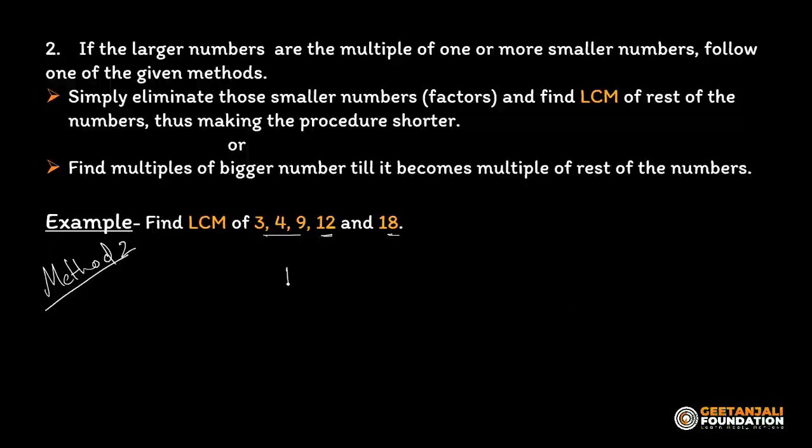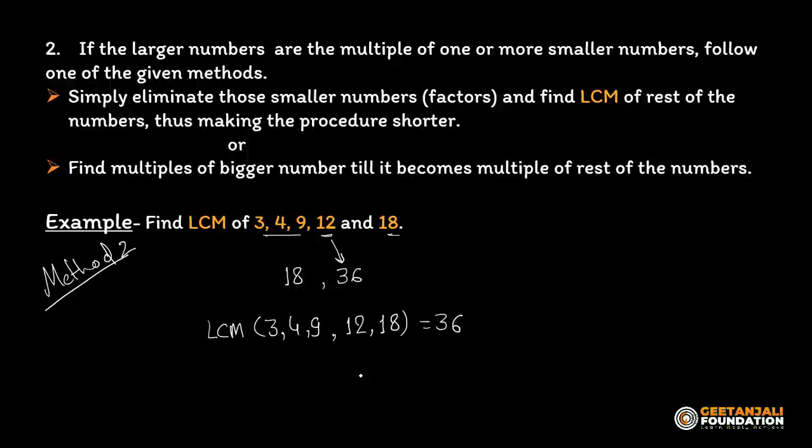For example, multiples of 18 are 18, and 18 twos are 36. So 12 divides 36. So the LCM of the numbers 3, 4, 9, 12 and 18 is equal to 36. Without even factorization, you could find it out.